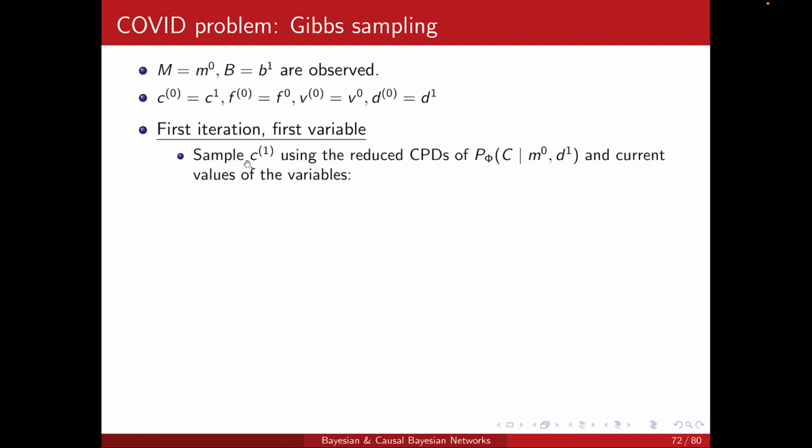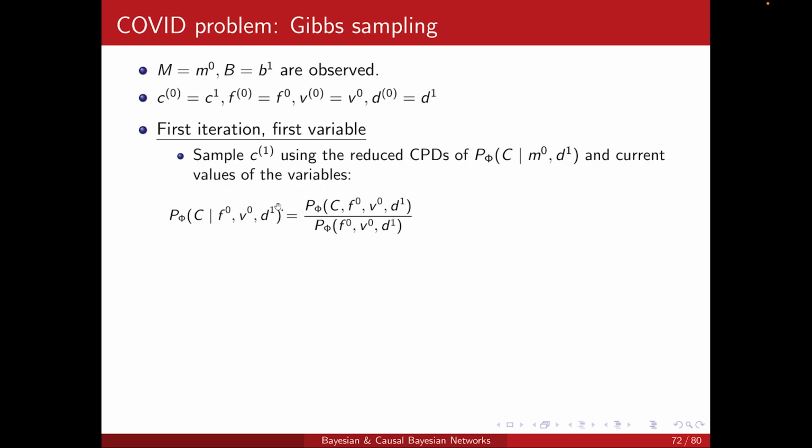So we need to sample C1. This was iteration 0. I need iteration 1 using the reduced CPDs. And that is basically getting probability of C conditioned on the other ones, F0, V0, and D1. These are basically the values I have from my first particle.